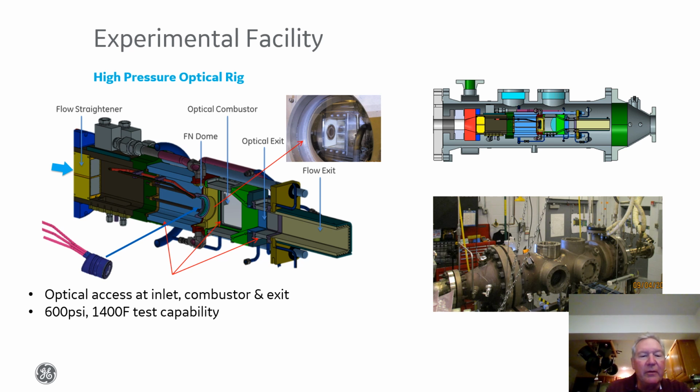So this facility has capability to go to very high pressure and temperature, representative of high power combustion conditions in an aviation gas turbine, and we've leveraged this facility to do some interesting work in the area of combustion dynamics.